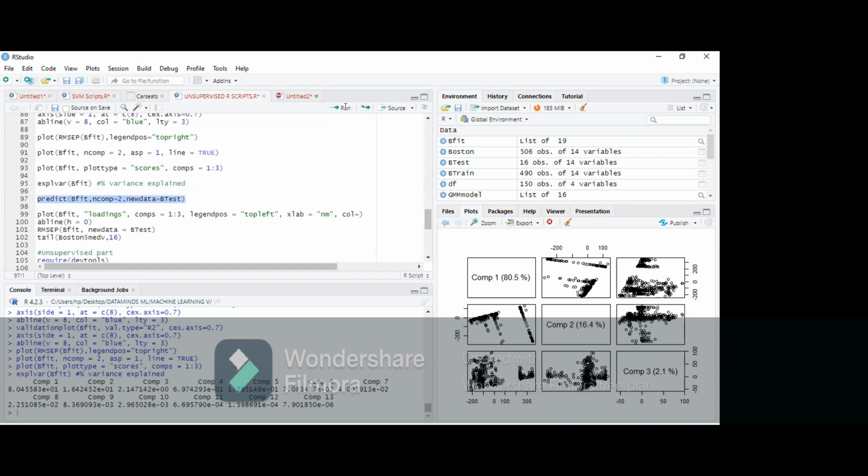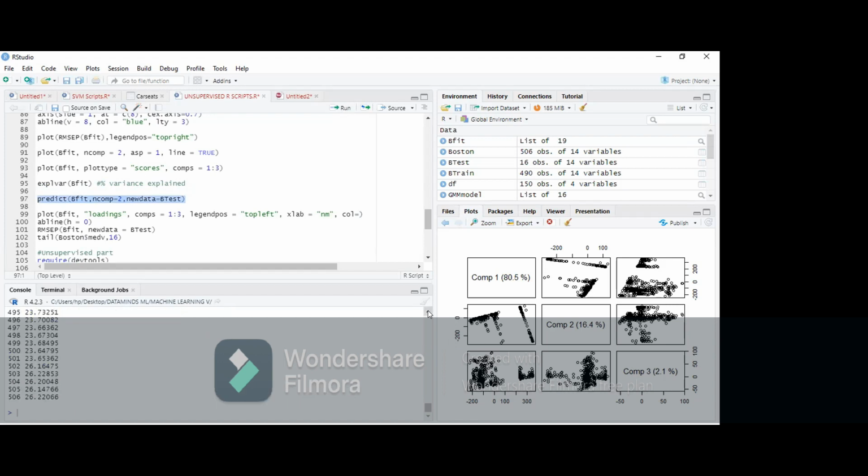This is what we have as a prediction. You can obtain the mean of this. And don't forget that the MDV is the median value of owner-occupied homes in $1,000. So what we have here is multiplied by 1,000.